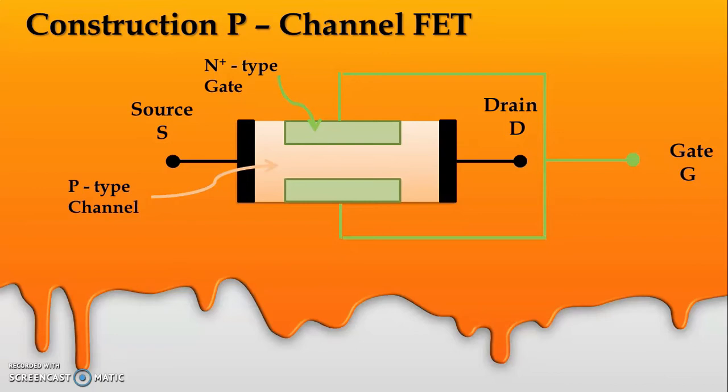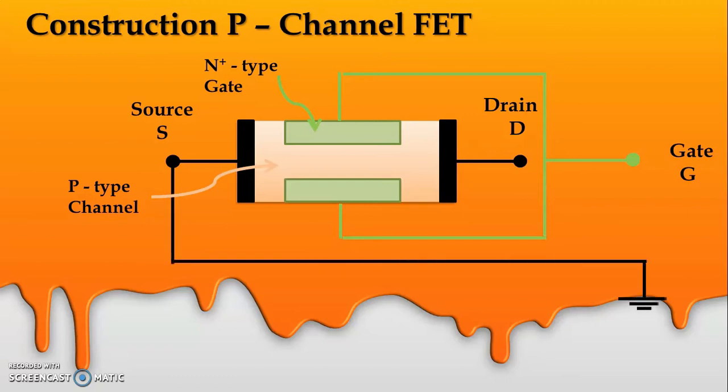Now let us see the biasing of the P-channel field effect transistor. We apply voltage across drain and source, known as the drain supply voltage, that is VDS, and we apply negative voltage to the drain.